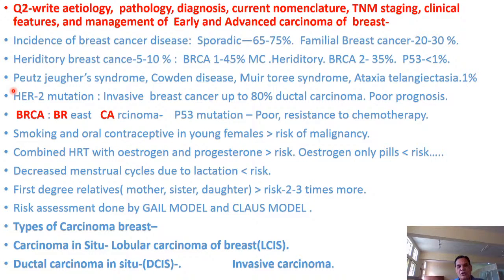The moment cancer occurs in the breast, it is simultaneously spread to other parts of the body. So it is our duty to find out at the earliest where it has gone. If it is not there, well and good, we are dealing with early breast carcinoma. But if it is above that, we are dealing with advanced carcinoma of the breast. So management differs from day one.